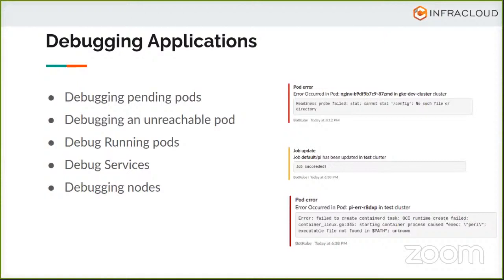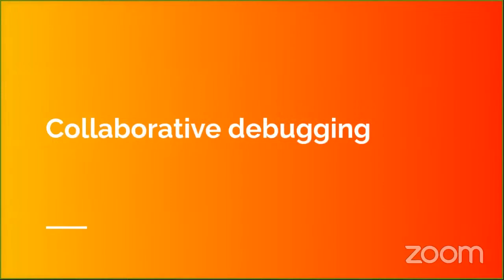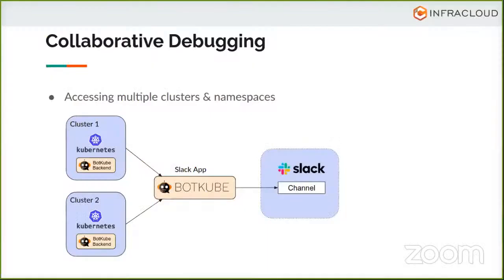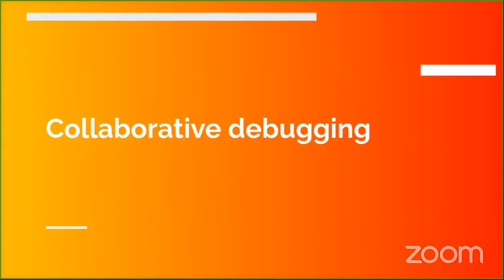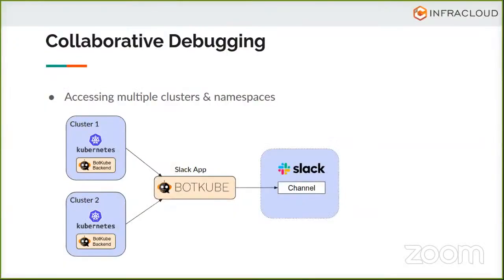They can just execute BotKube commands and get the info they want right through the Slack window. They don't need to have a kubeconfig file, and that reduces the overhead of the cluster admin having to create the kubeconfig file and distribute those. This is how feature owners can do collaborative debugging right from the Slack window, Slack channel, I would say.